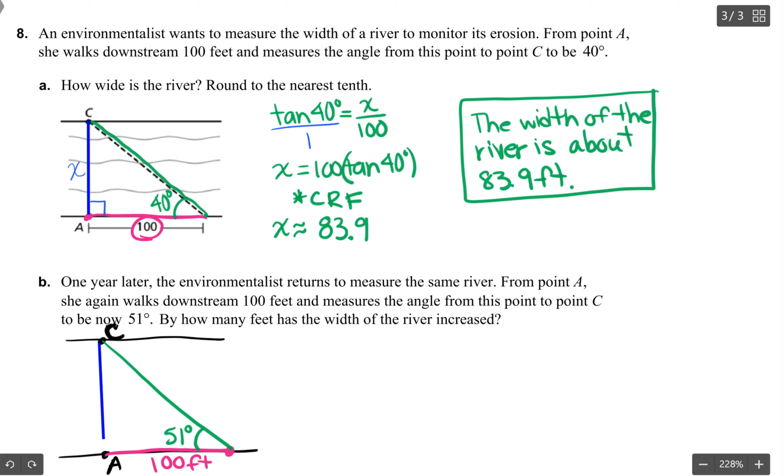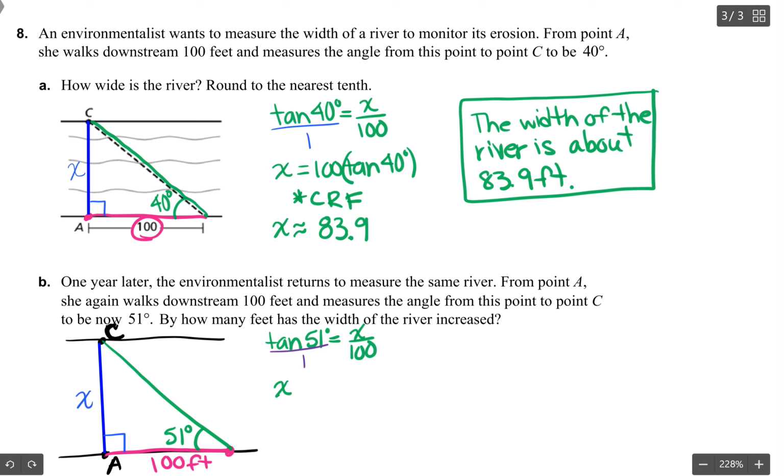So again, we're looking for the width of the river. So we're going to look for this segment right here, segment AC. This is a right angle. And so we'll have that be our new X. So to calculate that, again, we can use the tangent because we know the opposite and the adjacent. So the tangent of 51 degrees is equal to X divided by 100. Put this over 1 to cross multiply.